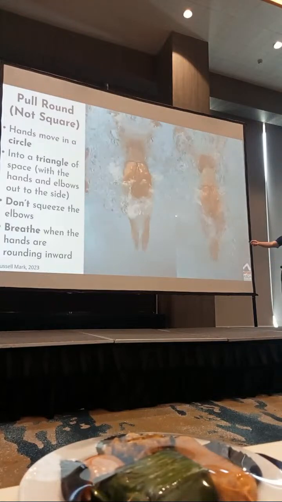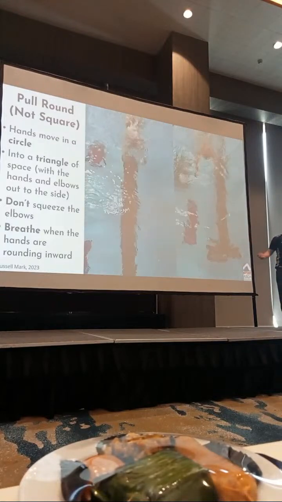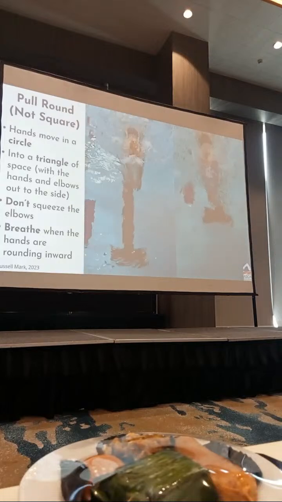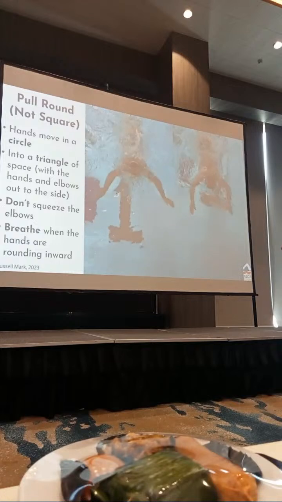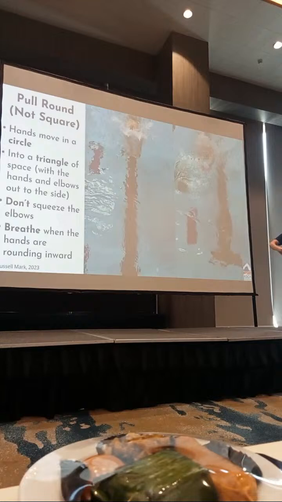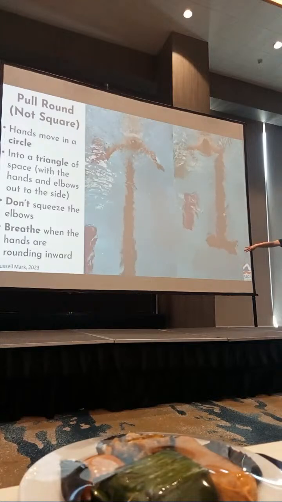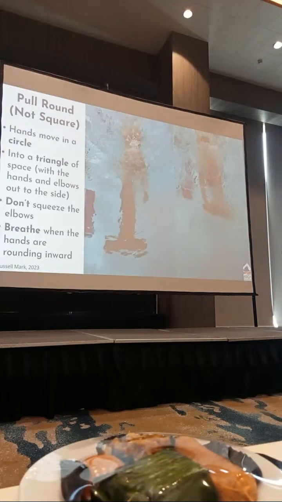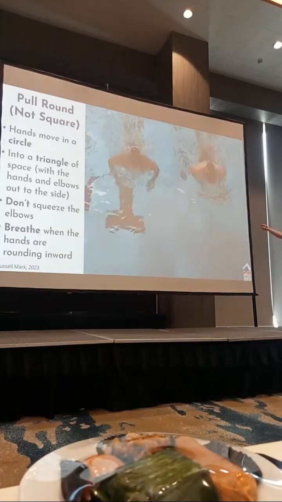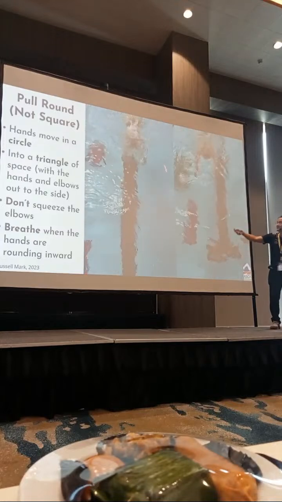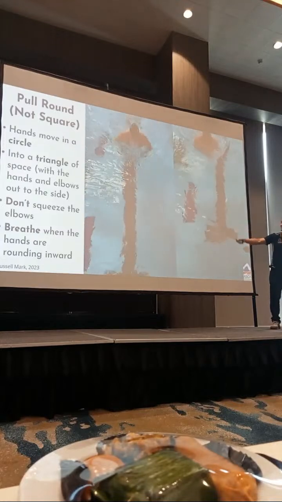And this person is one of the best 18 and under swimmers, IMers, breaststrokers in the US, and her stroke moves wider, you can see there, and then comes inward. It is round like a circle. And this person is just pulling more straight back. This pull is much better.